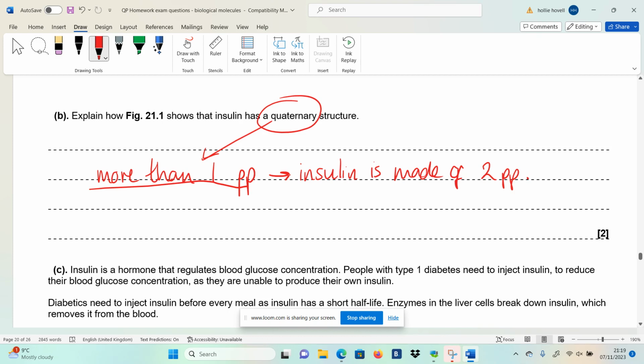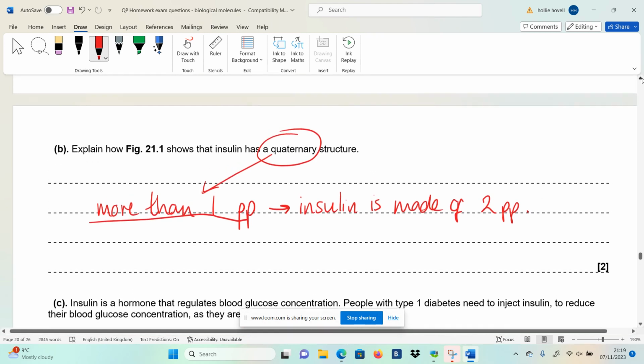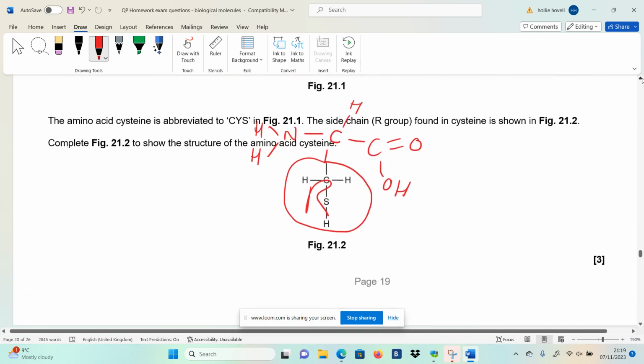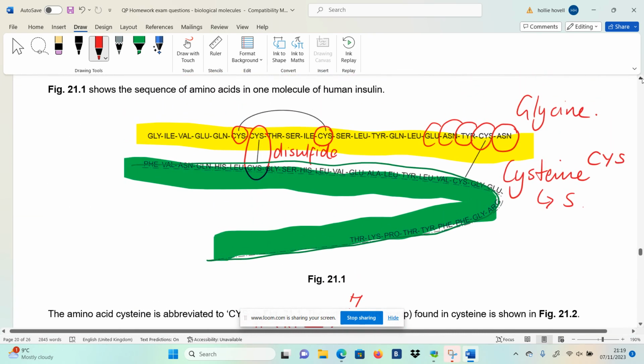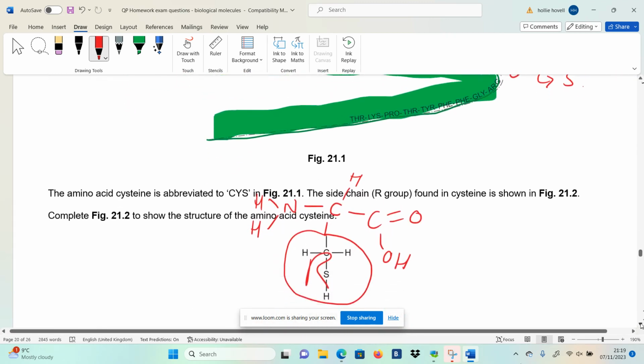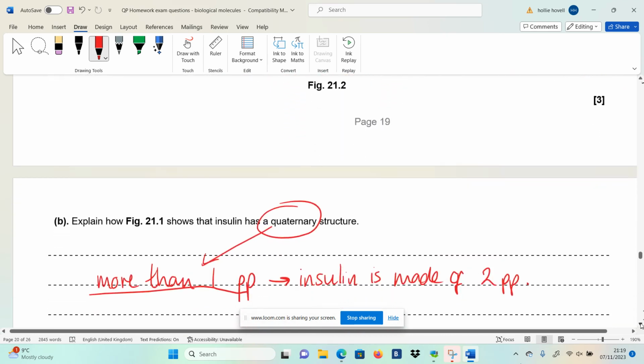We know that they're not just two separate polypeptides. We know that they're part of the same molecule because, as we identified earlier when we were reading through it, you can see that they're joined by that disulfide bond just there. Okay, so it's not just two separate polypeptides that happen to be next to each other. They are joined together. That's part of being a quaternary structure.